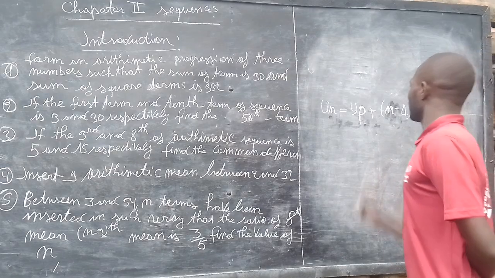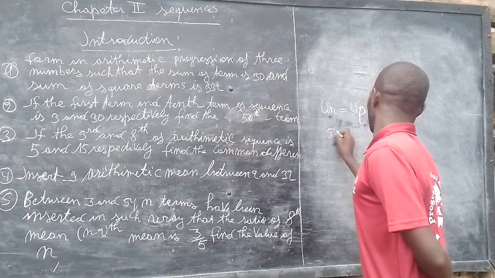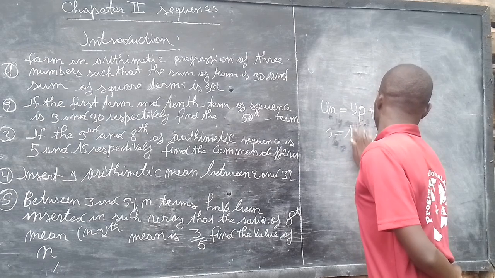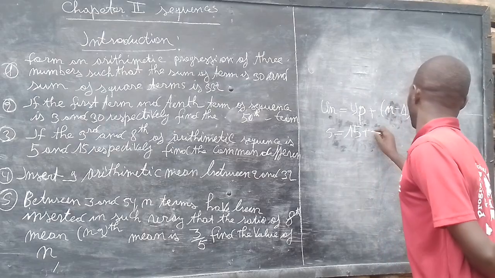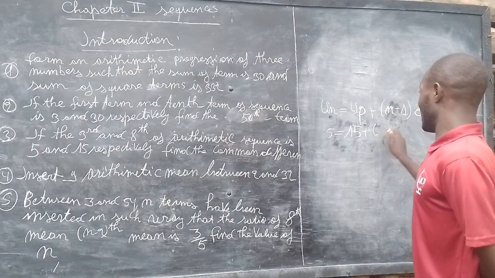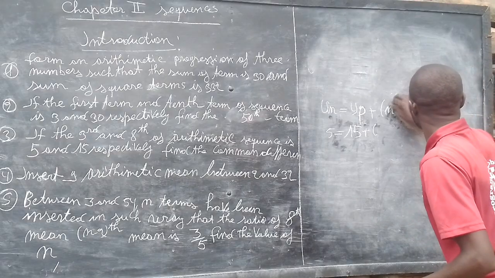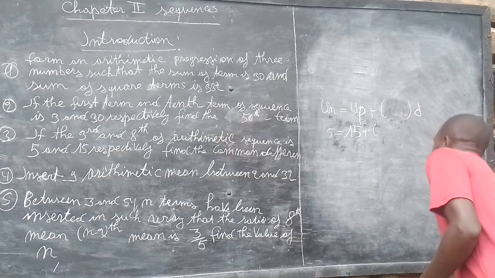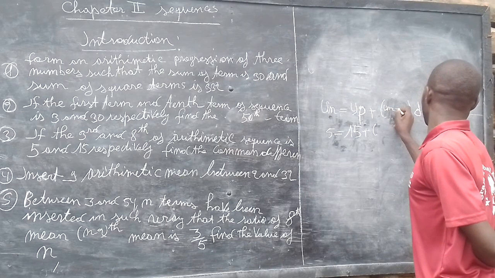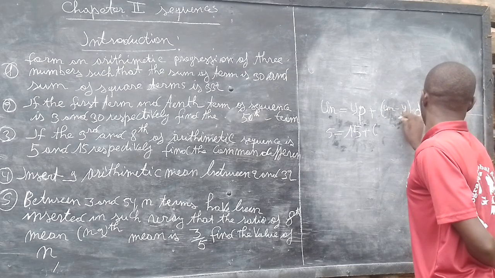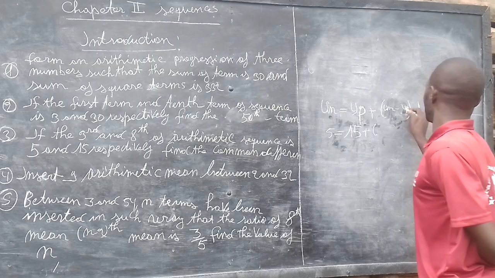Here you see we have 5 equal to 15 plus n. There is a mistake here. This is un minus up.